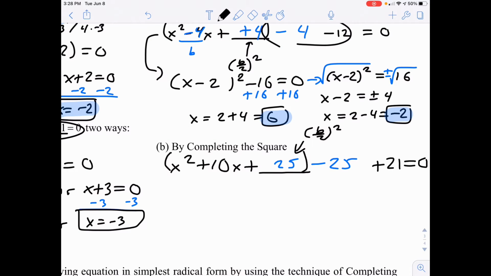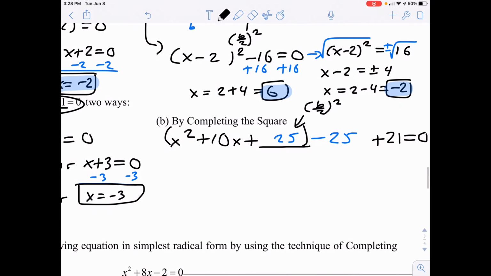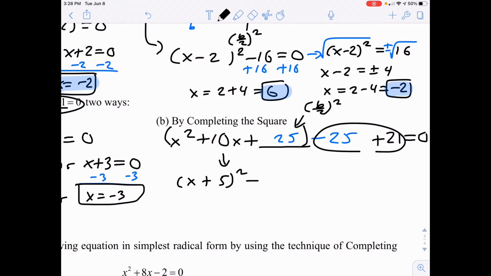We'll section off this group part here, and that becomes x plus 5 quantity squared minus 25 plus 21, which would be minus 4, equals 0. Let's go ahead and add 4 to both sides.